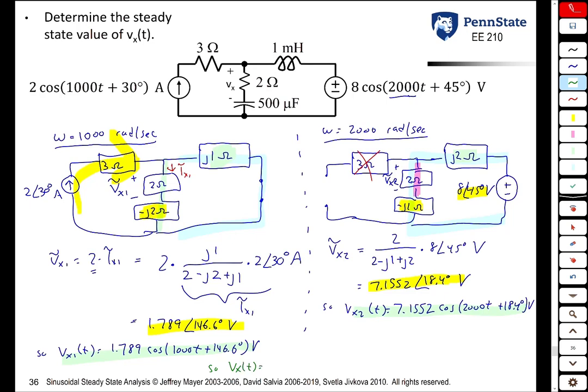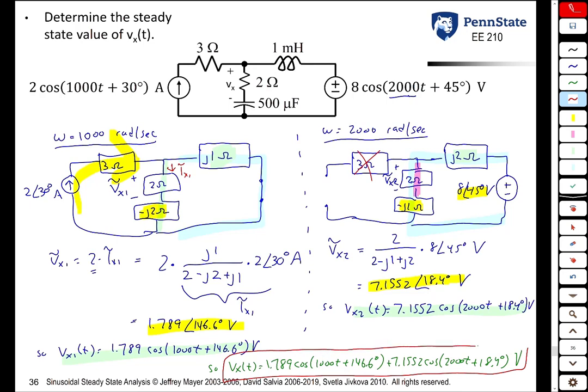So Vx(t) is 1.789 cosine of 1000t plus 146.6 degrees plus 7.1552 cosine of 2000t plus 18.4 degrees volts.